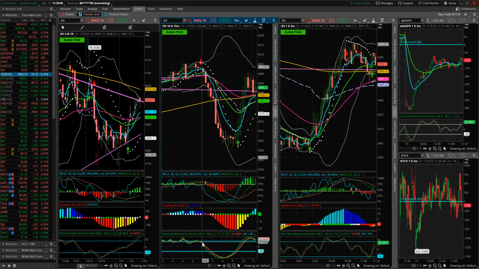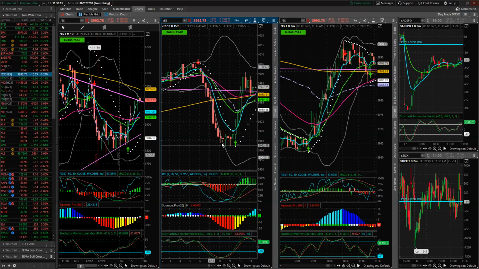If you would have gone short here on ES, somewhere around 4,000, you would have had this nice fall all the way. You would have had probably a 30 to 40, 30 point drop on ES this morning, just on stupid indicators for me. I have no idea on volume profile and all of that. I will steal Gabe's stuff just so I can get a sense of what the heck he's doing. And if it makes sense to me, great.